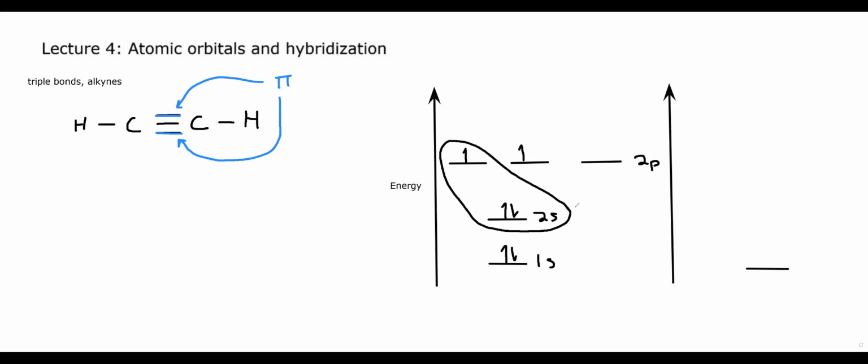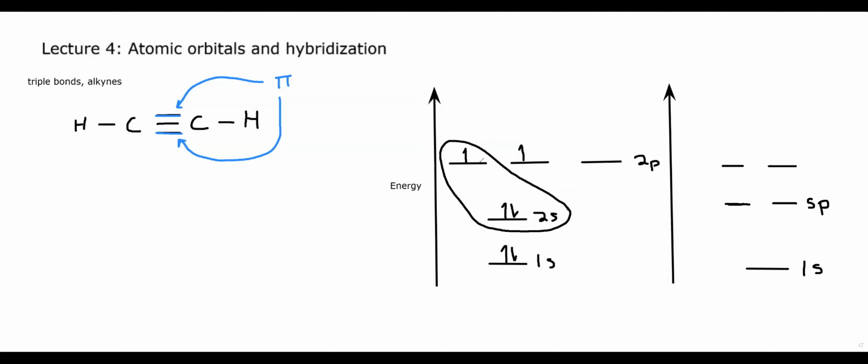So let's hybridize and mix a 2s orbital and a 2p orbital. That's going to give us this sort of structure here for our diagram, where we have a 1s orbital followed by our sp hybridized orbitals, because we're taking 1s and 1p.